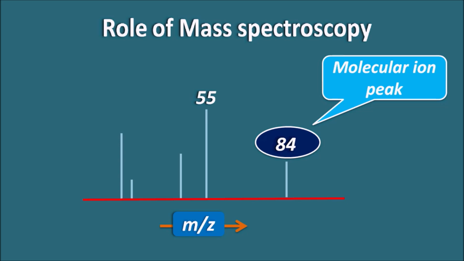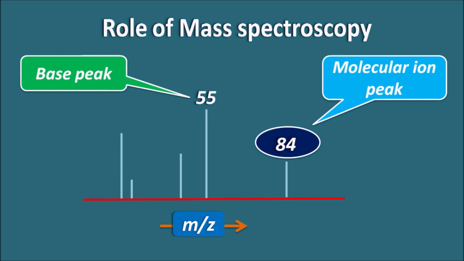And in this mass spectrum of the unknown compound, we can observe a tallest peak, which is called the base peak. That means the molecule undergoes fragmentation to give a stable fragment ion which has a molecular weight of 55. Now by knowing this mass spectrum of an unknown compound, we know the different molecular weights of the ions produced, and from this we can assess the structural features of the unknown compound.